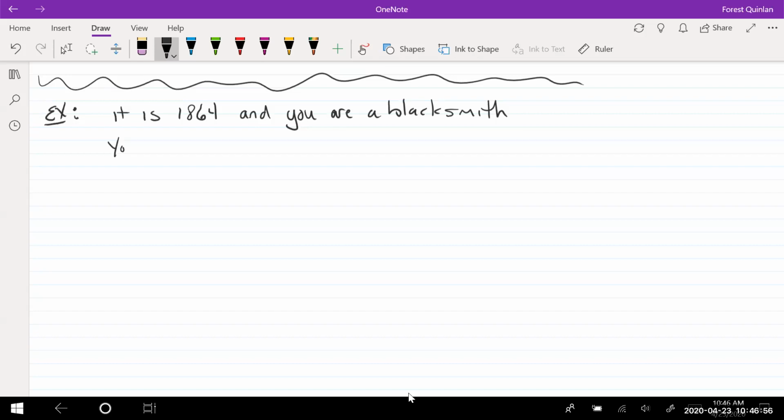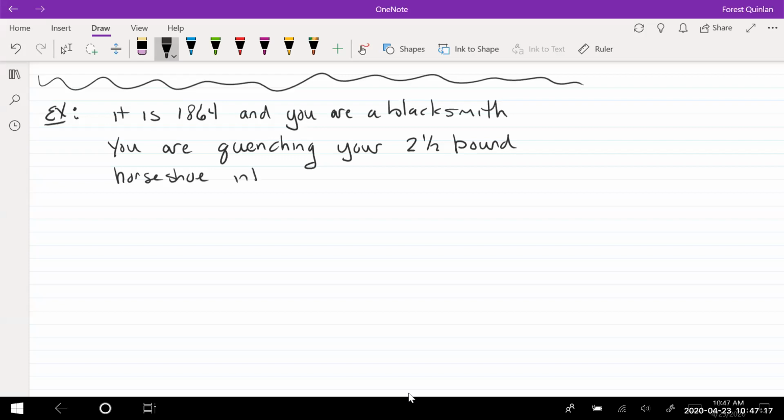You are quenching your 2.5 pound horseshoe into water to harden it.